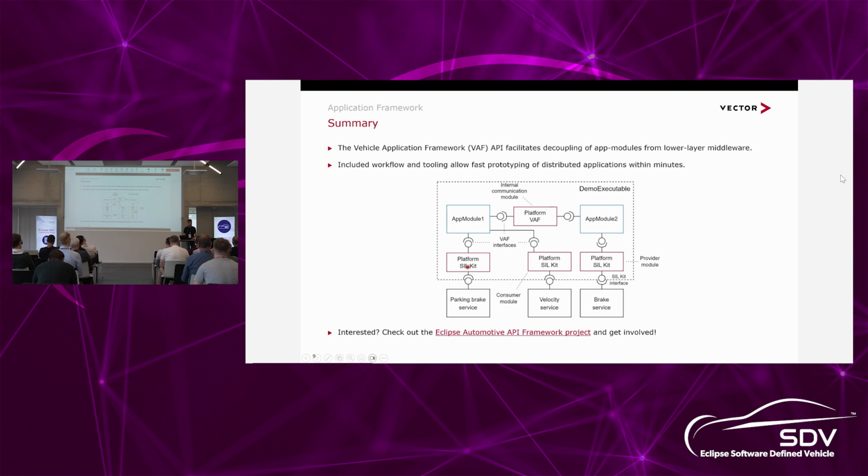We could also have an abstraction module for uProtocol in place here. So that would be for sure an interesting question to discuss, how uProtocol and the app framework could come together, because you have seen here that we also thought a lot about workflow and tooling and how you would like to work. And maybe that's a good combination in the end. It would be good to get together with uProtocol and see if this API can be reused.